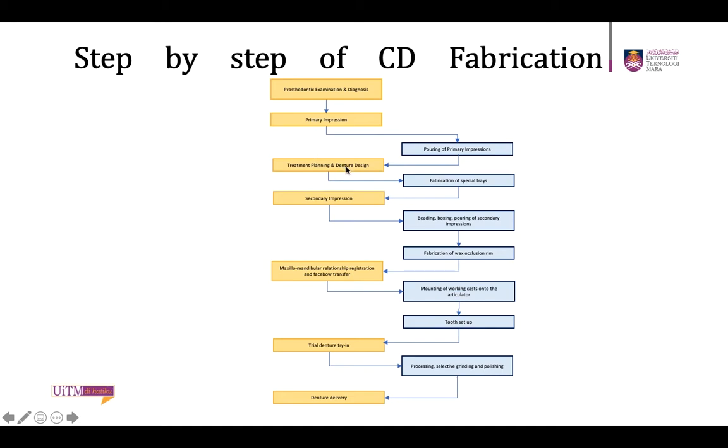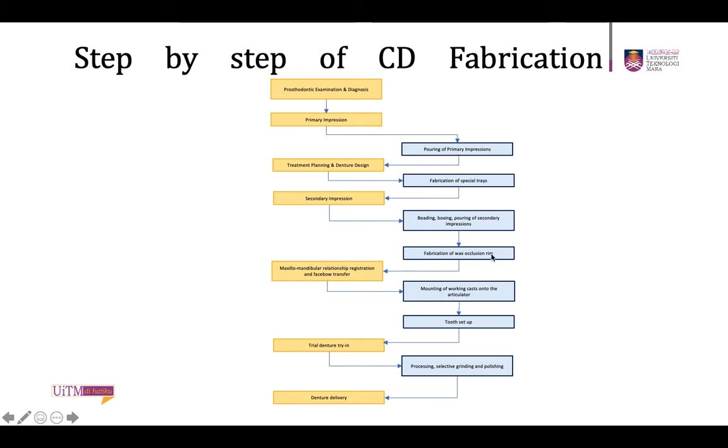After the case is approved by your lecturer or your supervisor, you dismiss the patient, and then you bring the cast for fabrication of special trays. Once you have the special tray, you can bring the patient in again and take the secondary impression. Then you bring the secondary impression to the lab and pour it so that you have your master cast.